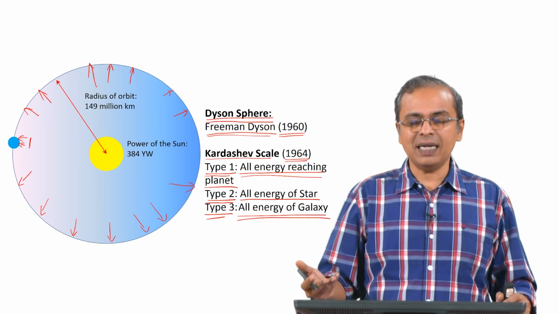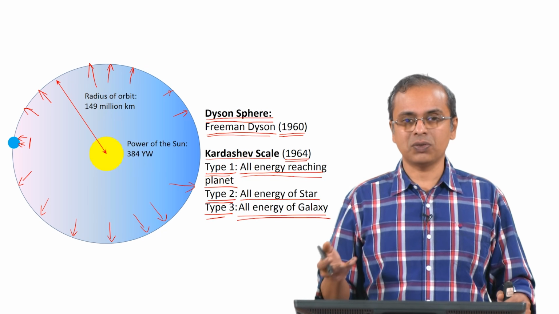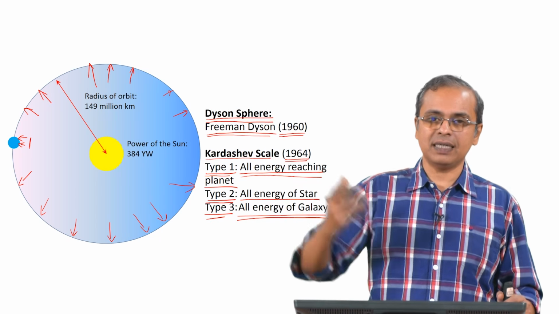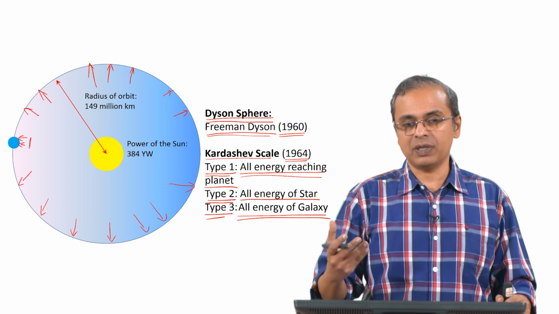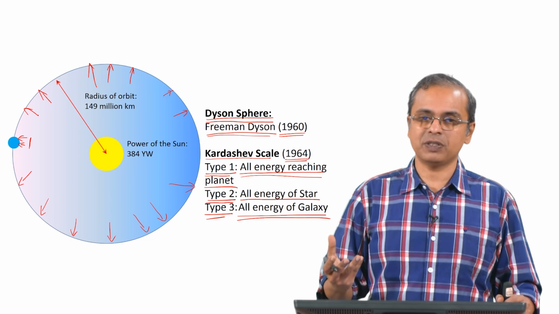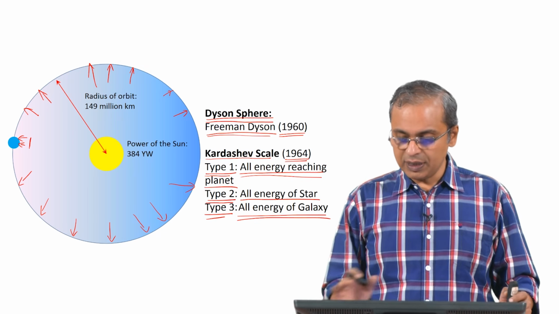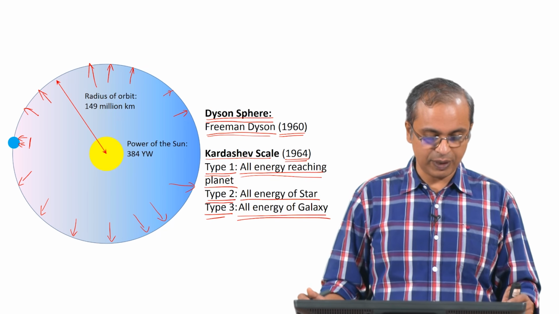So, this is just a scale. It does not mean that there are people who are actually using this, or that we are even going to do anything like this, but it is a scale that shows you the kind of energy that a civilization might use, and therefore it is something that is of interest from a scientific perspective and also from a technology perspective. So, these are some aspects, and as I said, the Dyson sphere is something that is interesting to look at.